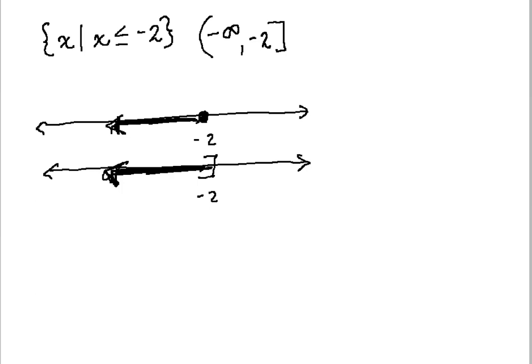All right, let's do one where we have the graph, but we don't know our set builder notation. And actually, let me go like this. So we know that there's a separation here. So I'm going to have, let's go with this.